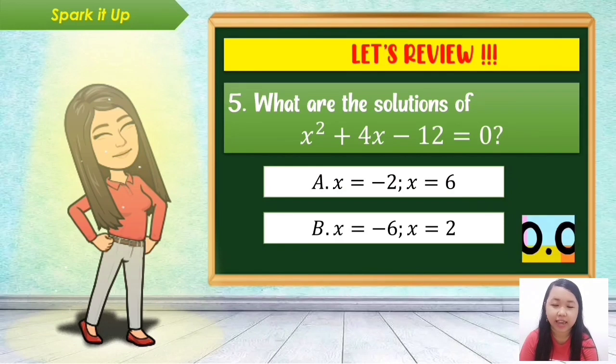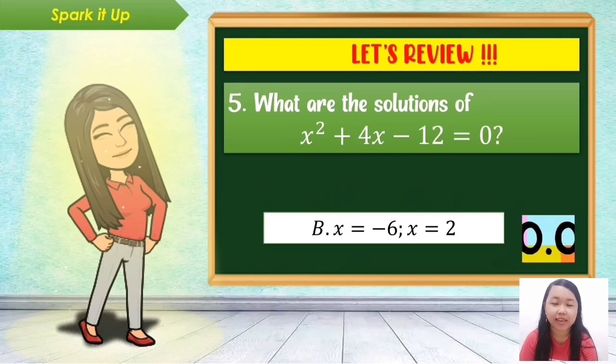The answer is letter B. x is equal to negative 6 and x is equal to 2. If you don't have any questions or you got all the correct answers, we may now proceed to our lesson.